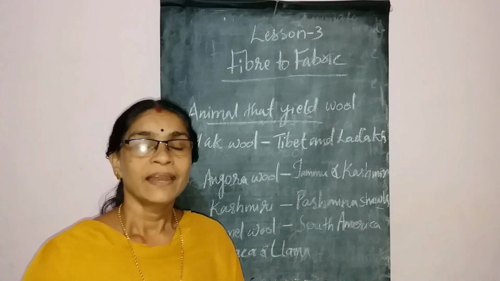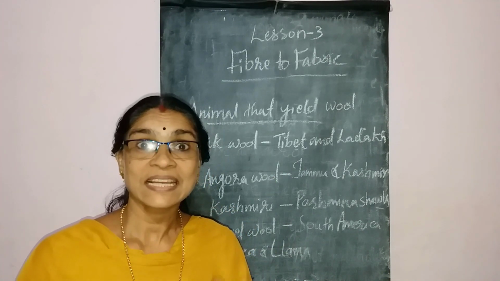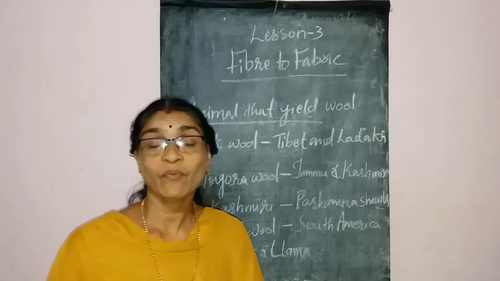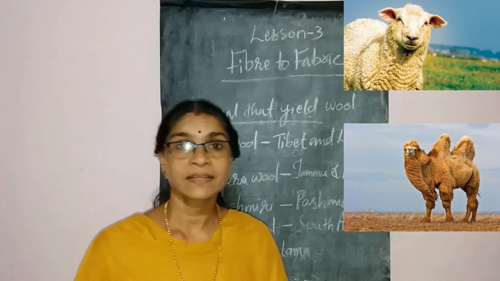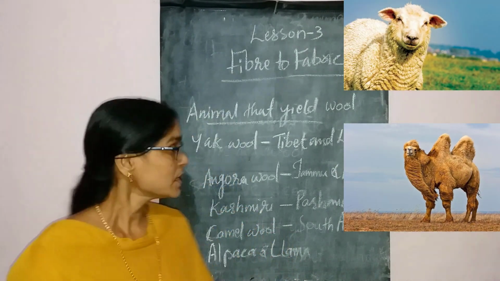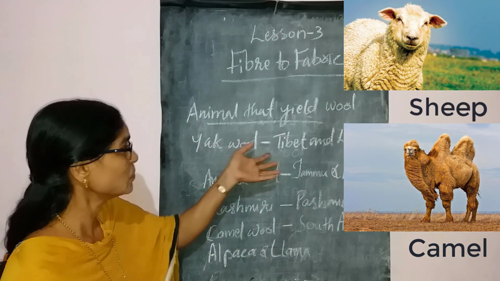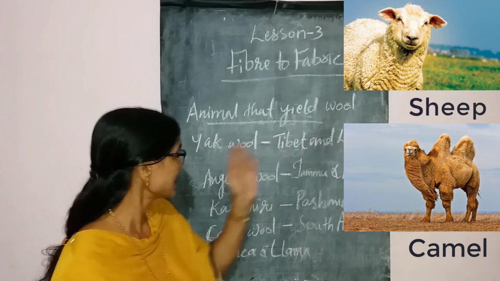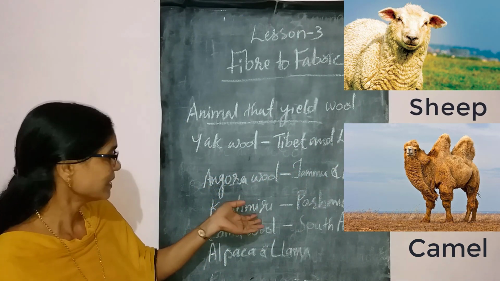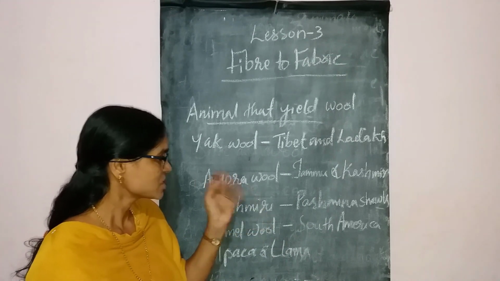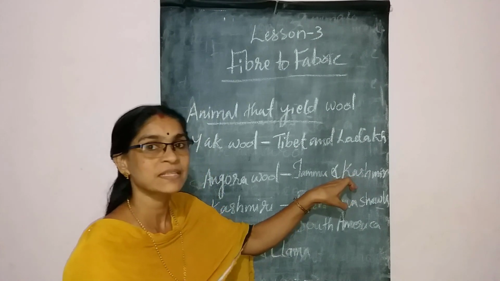Children, now we discussed the names of animals. We listed the names of animals that provide us wool, like sheep, yak, camels and goats. And also the varieties of wool: yak wool, which is famous in Tibet and Ladakh; Angora wool in Jammu and Kashmir; Kashmiri goats provide us wool which is used to make the Pashmina shawl, which is very famous in Kashmir.